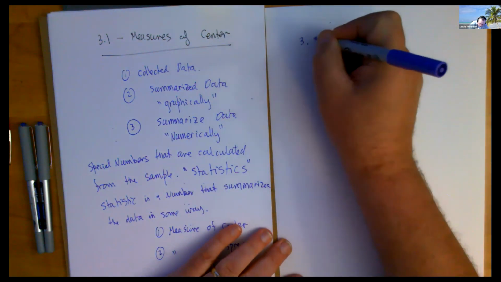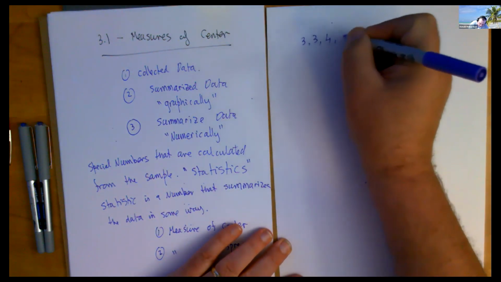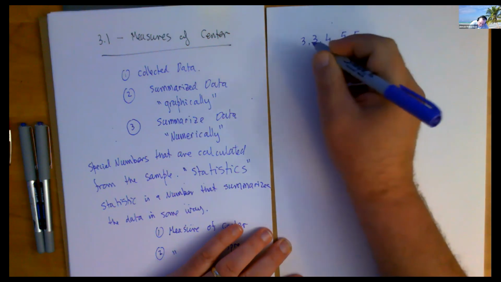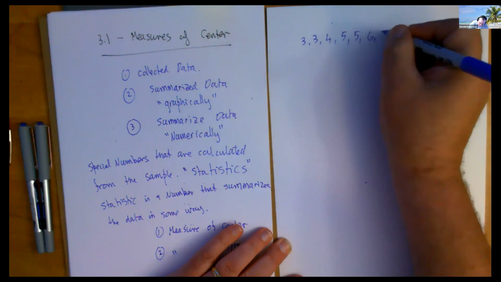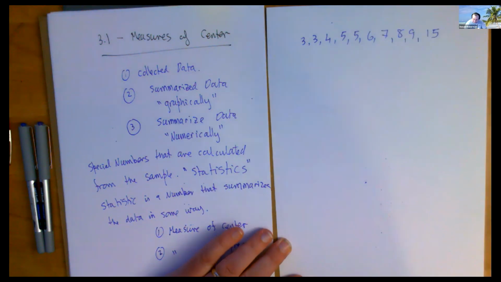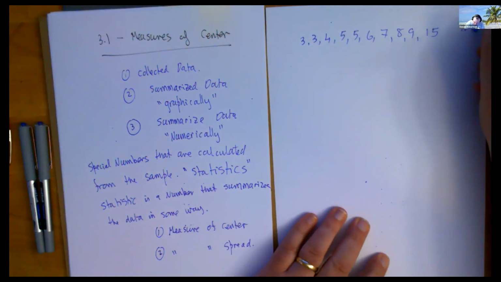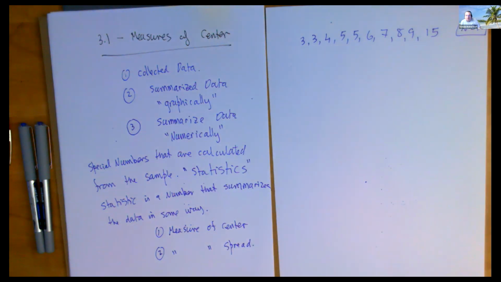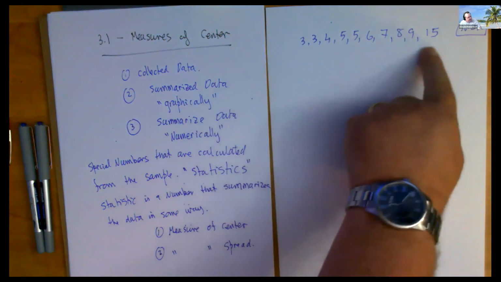I'm writing down some data here in order because it makes my life so much simpler. 1, 2, 3, 4, 5, 6, 7, 8, 9, 10. So here we have a very simple sample of 10 people, and I would like one number to represent the typical person in this list.